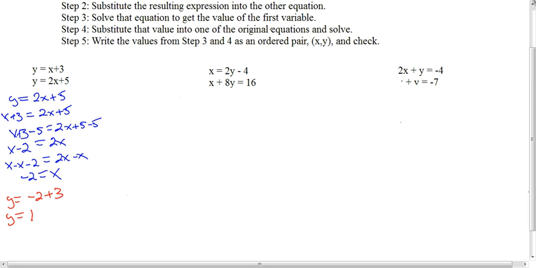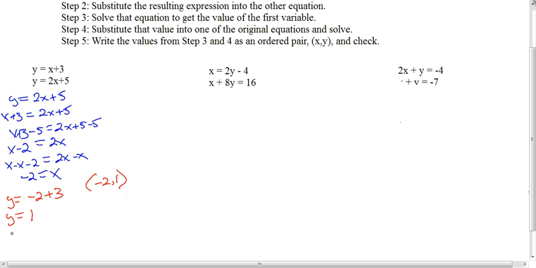And then it says write x and y as an ordered pair. So my ordered pair will be negative 2 comma 1. It tells us to check it, so easily we take our ordered pair and put it in for our values.